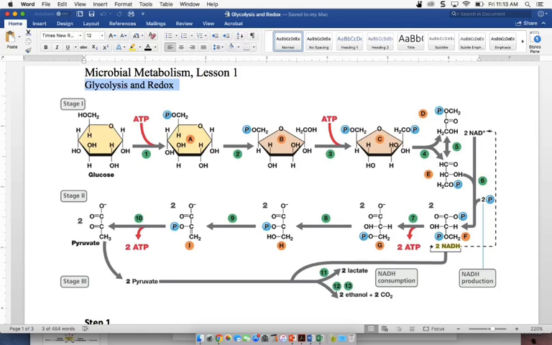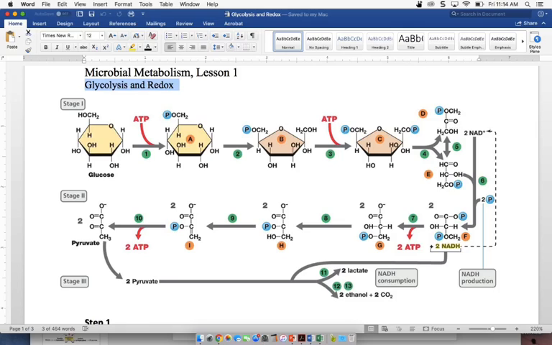Where are there others? Step 3, fructose 6-phosphate to fructose 1,6-bisphosphate. So now this one has 2 of the phosphate groups. Which of the substrate level phosphorylations here give us ATP in the end? Somebody said this one right here.